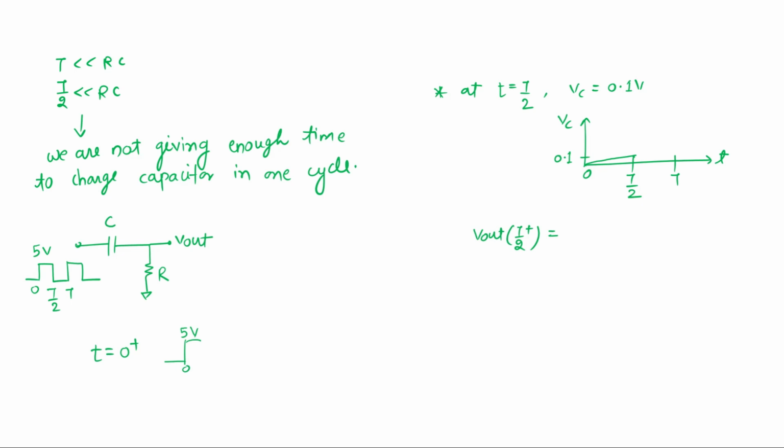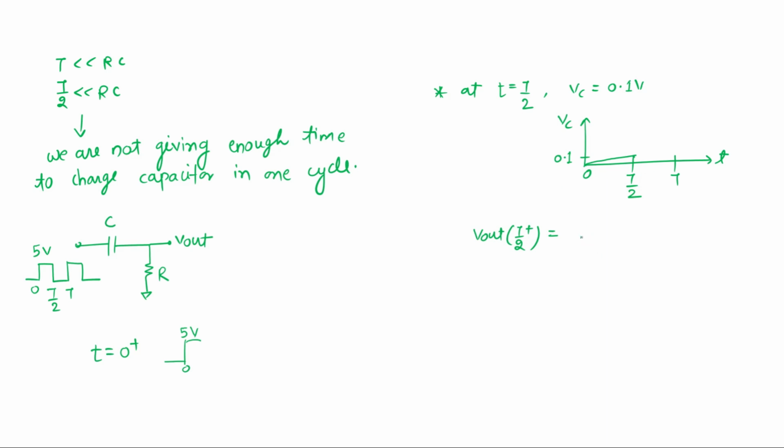I'm considering that at T/2 my capacitor charged to 0.1 volt, which is a very small value in comparison with 5 volt, some tenths of it, or 5 volt divided by nearly 50.